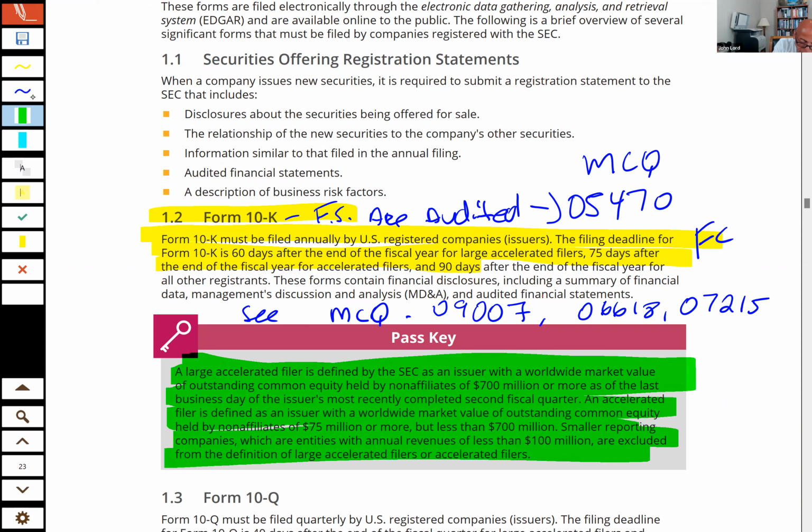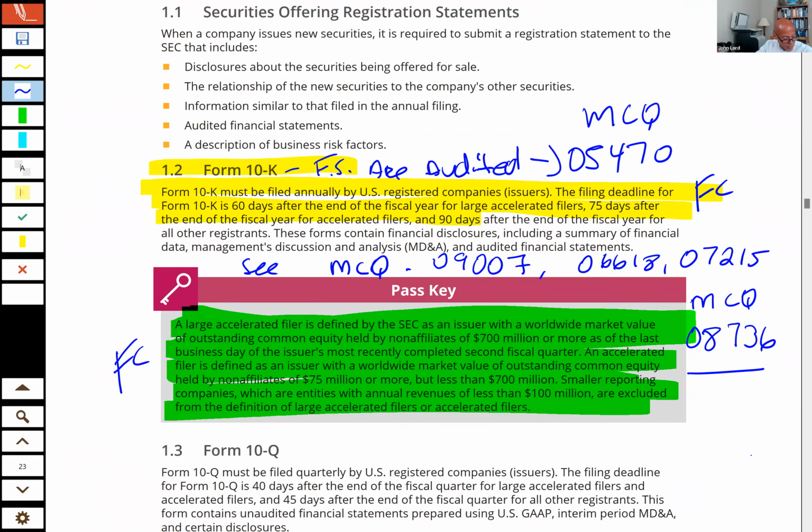And so you can go ahead and flashcard that in this Pass Key, as though that's going to make you pass the exam, which is ridiculous. But 08736. I'm sorry if I have a little bit of a bad attitude about this stuff, but why wouldn't somebody just look this up? But multiple choice questions will help you practice with that.